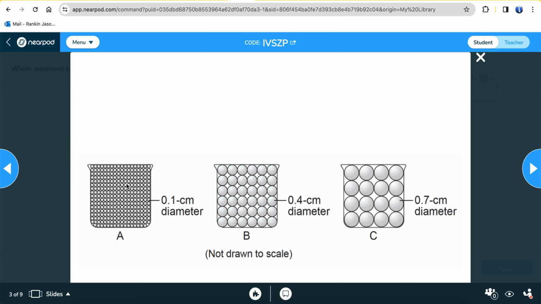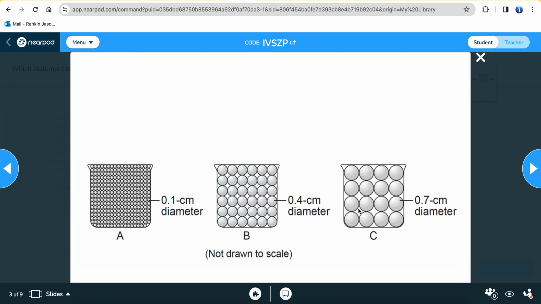Again, we're looking at the pore spaces, the percent pore space. Like this little dot right here and that little dot right there, that is the spacing between the grains. We see this area here and that area there for B, and that is the pore space. And for C, we have this area here, that area there, and this area here.